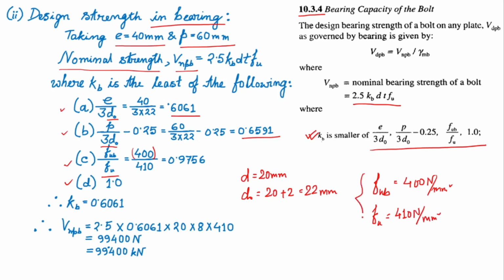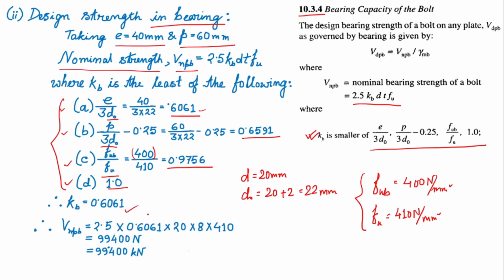So these values are not given in the questions, but commonly in most cases these values are used. So it is calculated as 0.9756 and the last value is directly 1. So among these four values, the lowest one is 0.6061. So this will be the value of Kb.